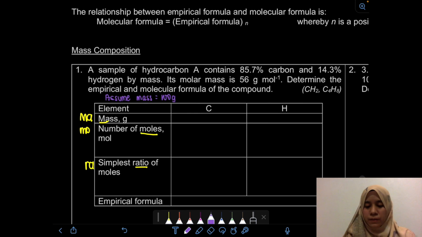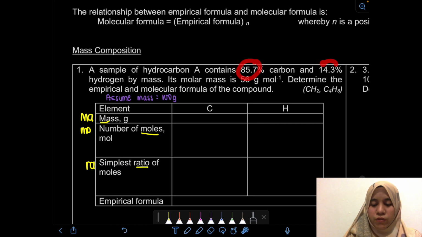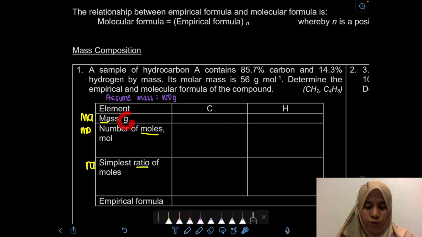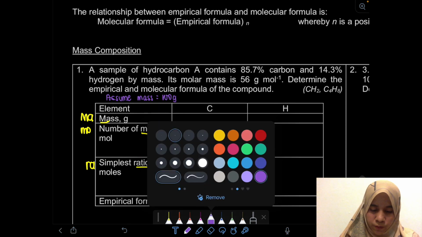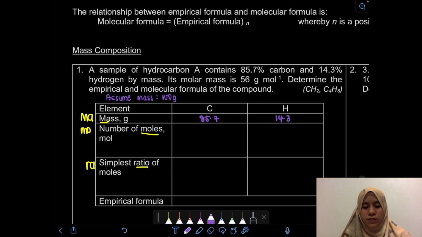Now we can assume that the 85.7% becomes 85.7 gram, and here is 14.3 gram. Because I have put the unit here, there's no need to write the unit here. So I'm just going to include the data: 85.7, here is 14.3. Okay, that's it for the mass.